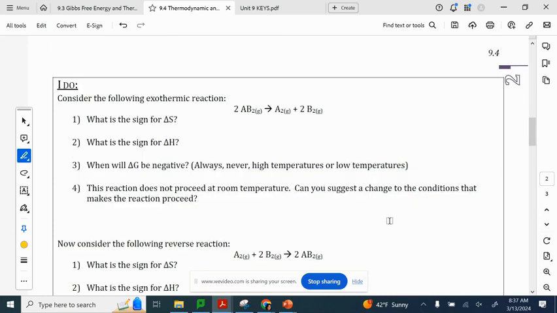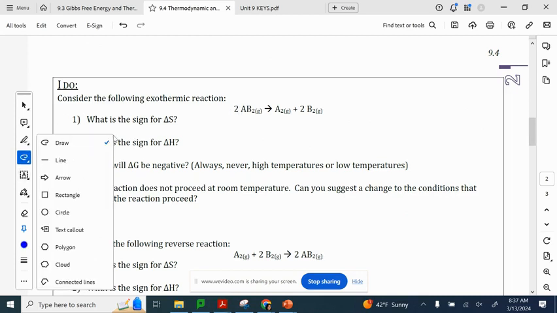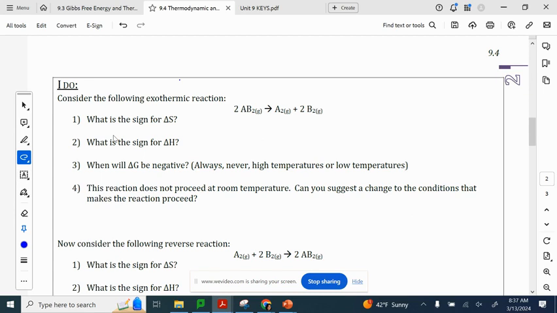All right. So consider the following. If we have this reaction here, we are going from 2 moles of stuff to 3 moles of stuff. So what is my delta S? Entropy, positive. What is the sign for delta H?